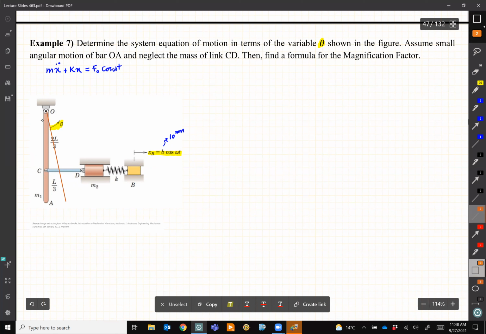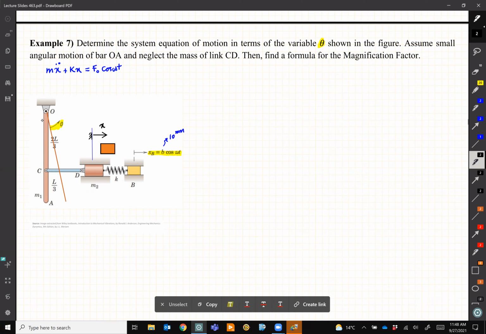And probably this mass is going to move a little bit and come to some place there. Let's call this displacement x. So it moves there by how much, x?